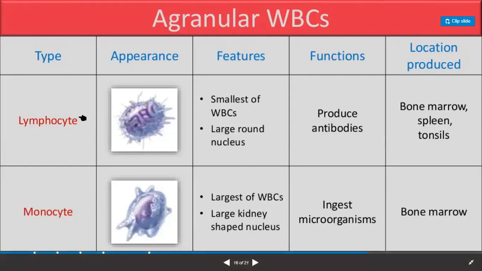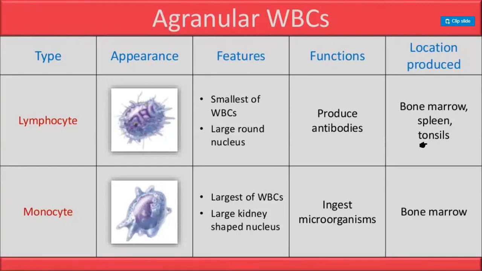But this time around, the lymphocytes are not produced only in the bone marrow. They are also produced in the spleen and in the tonsils. So what did you notice? All granulocytes are produced in the bone marrow, but lymphocytes are produced also in the spleen and in the tonsils.